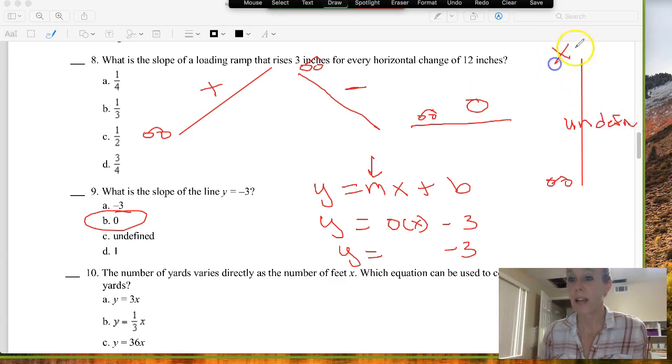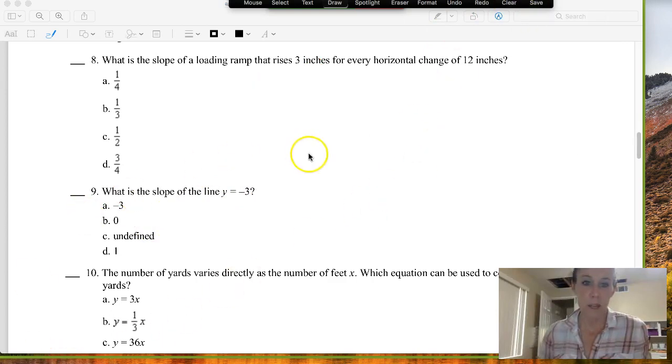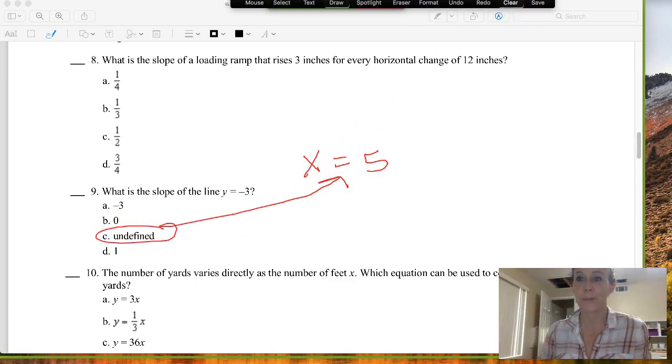And that's when you're going to have an x equals something, a vertical line, okay? So when you have y equals something, y equals -3, and you're missing that x value, you have 0 slope. You're a flat line. So remember, if that x value is missing and you just have y equal to a constant, your slope is 0. If you have an x equals a constant, your slope is undefined.